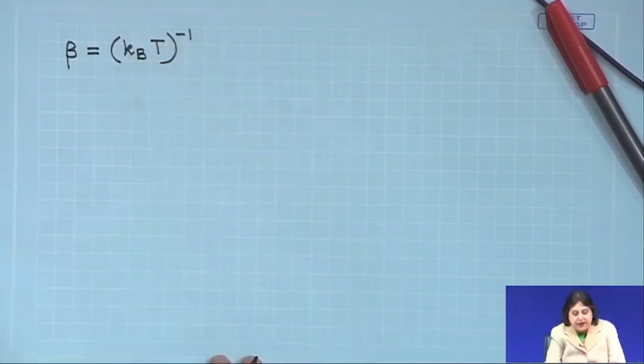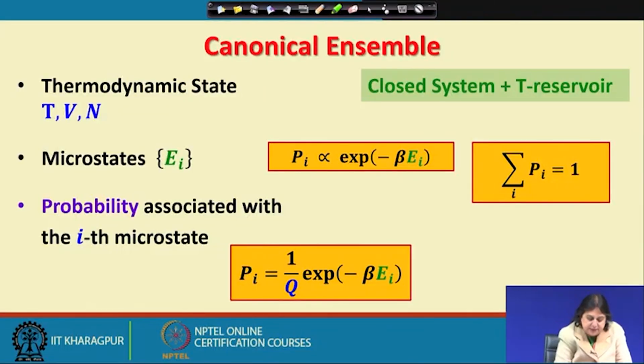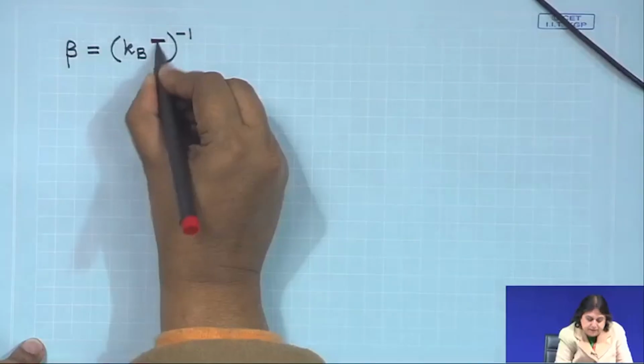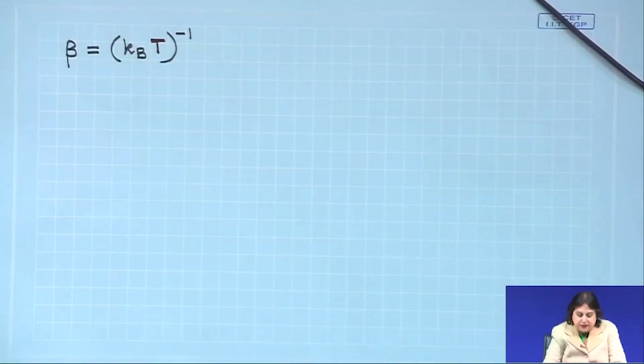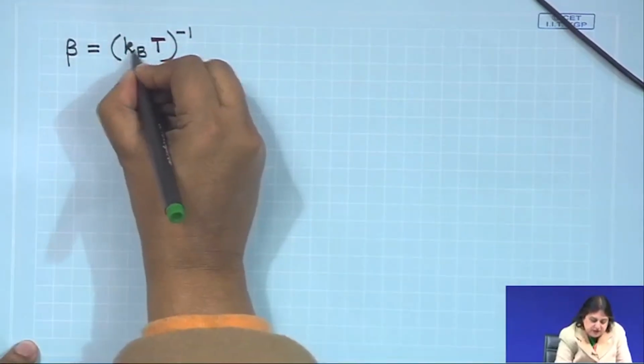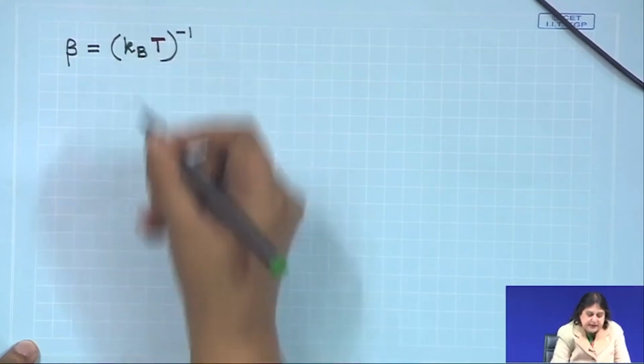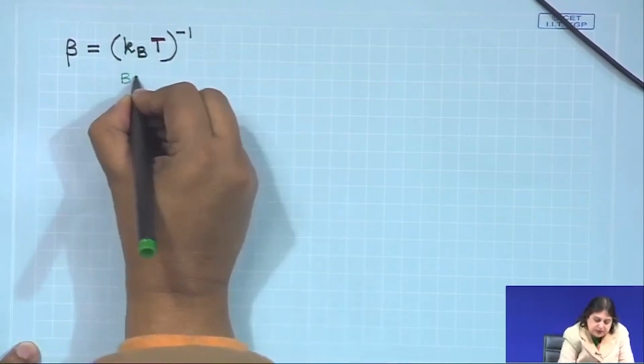If I define the macroscopic state of the system in terms of this temperature T, in that case we can define this quantity k_B, which is a universal constant and known as the Boltzmann constant.